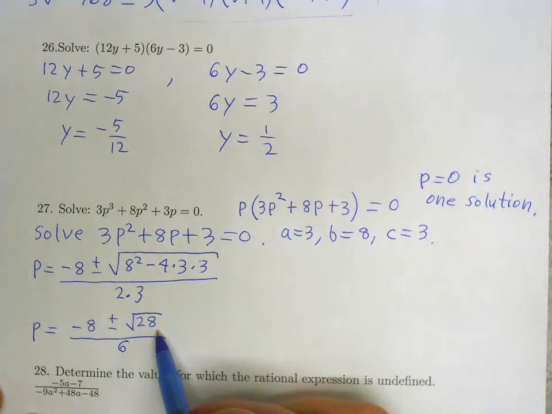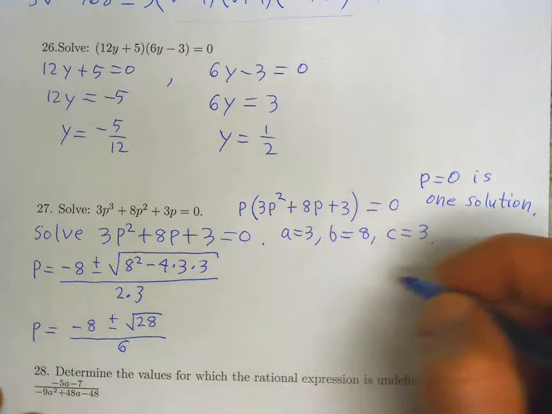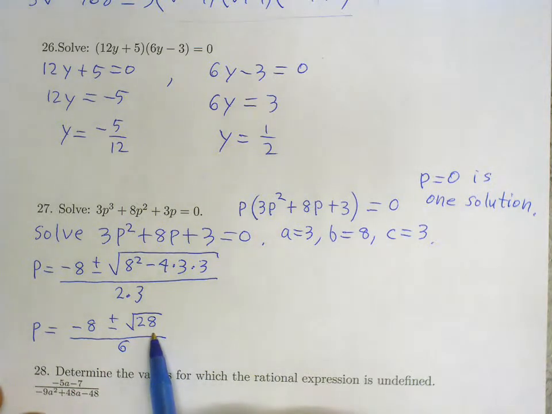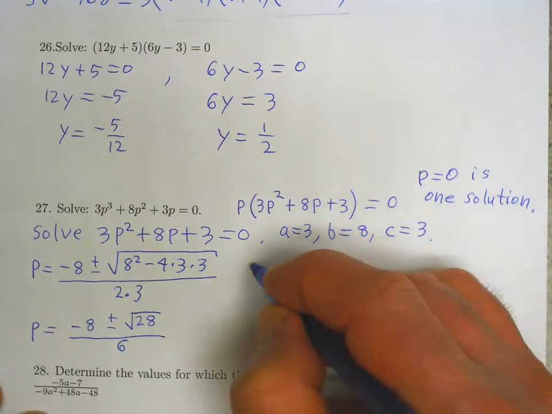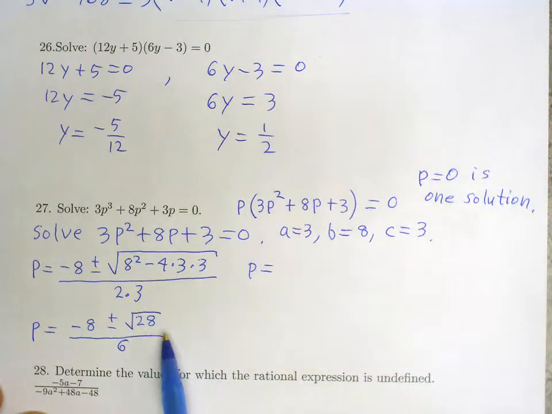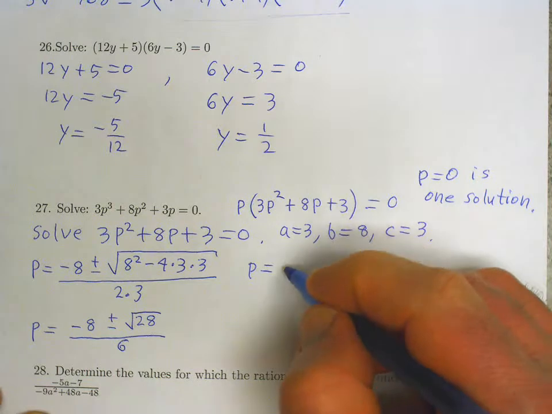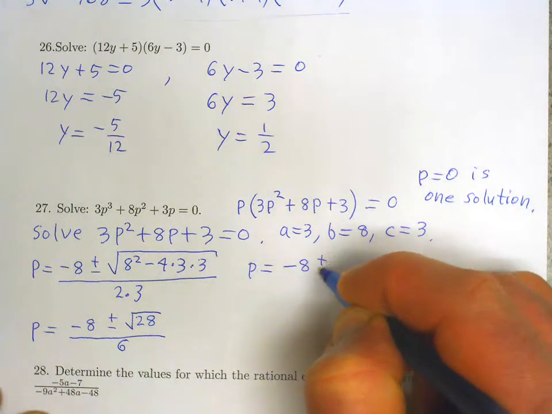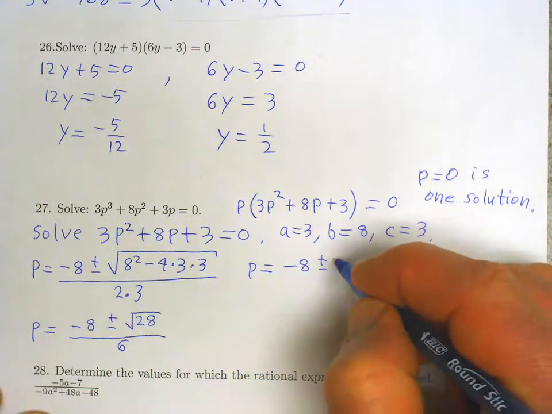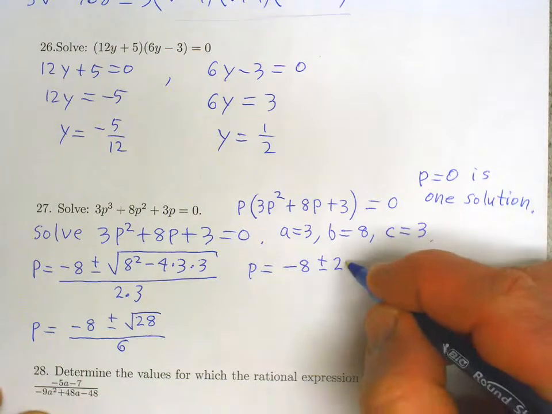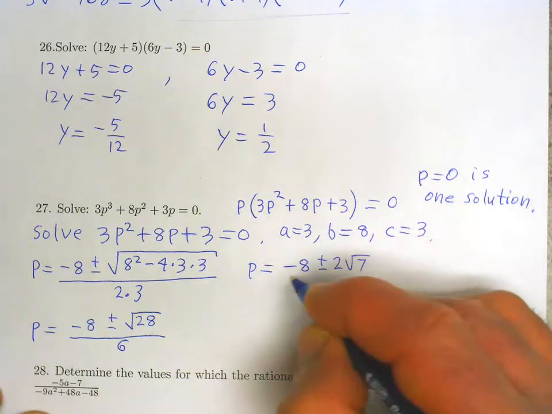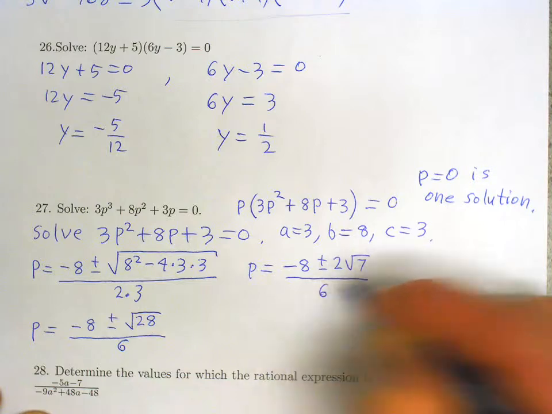Okay, we can simplify the square root of 28. The largest factor of 28 that's a perfect square is 4. 4 times 7 is 28. So P equals negative 8 plus and minus the square root of 4 is 2. So negative 8 plus and minus 2 times the square root of 7, all divided by 6.